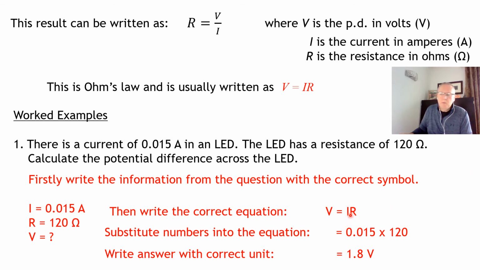This would be what we would call a standard 3-mark question. You get 1 mark for selecting the correct equation, 1 mark for substituting in the numbers correctly, and 1 mark for the correct answer. And don't forget about the unit, because you will lose the whole of that last mark if you don't write in the correct unit.